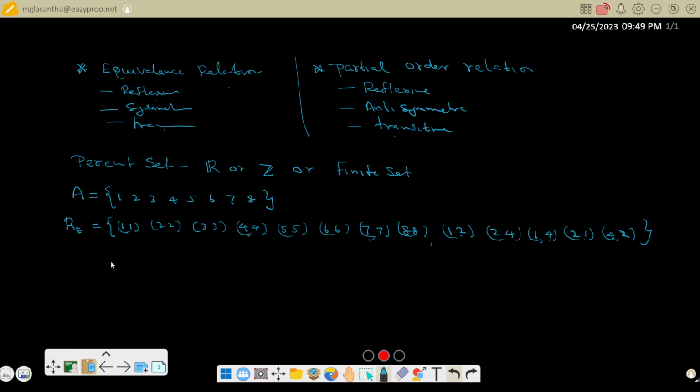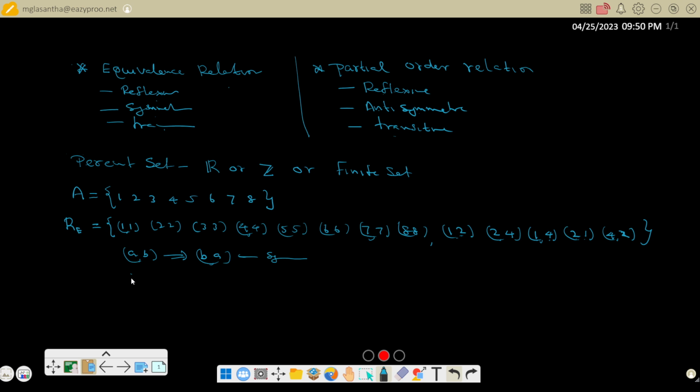Now, if AB is there, then BA also there, right? So this is the symmetric property.